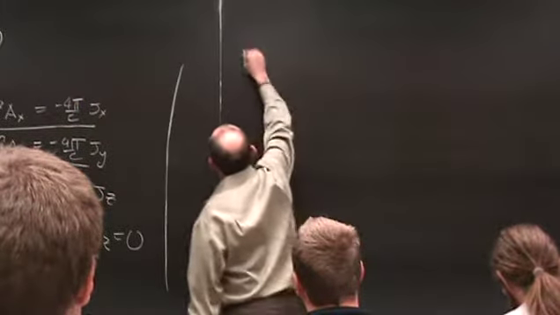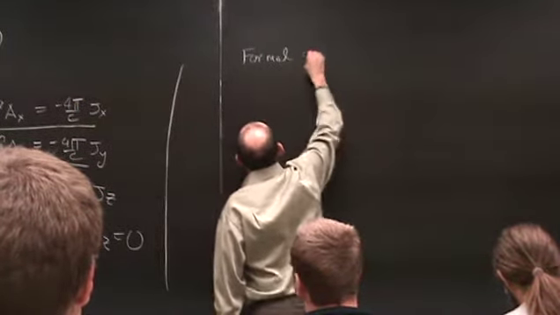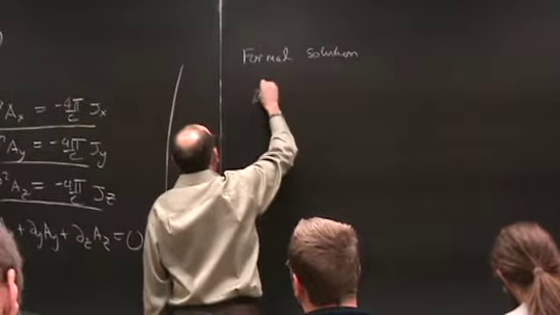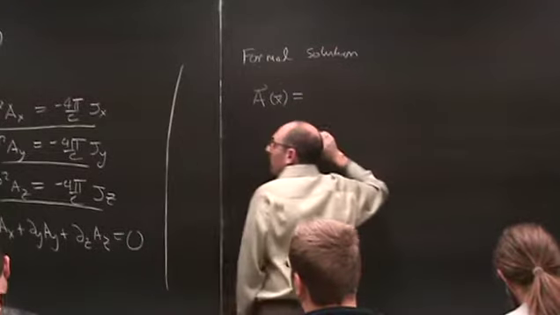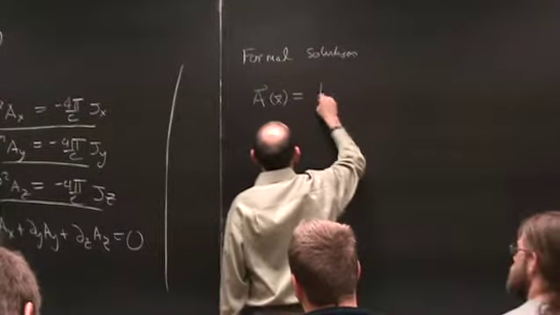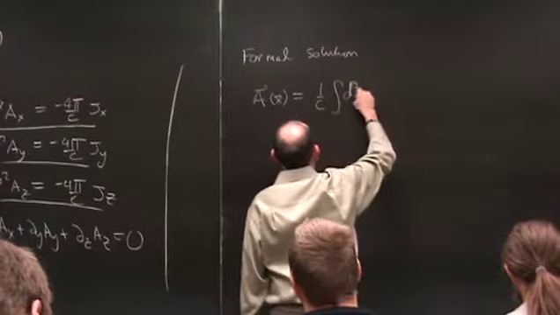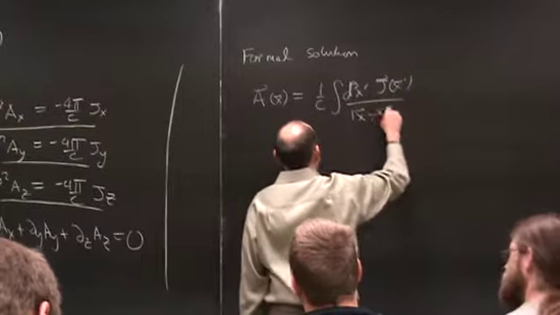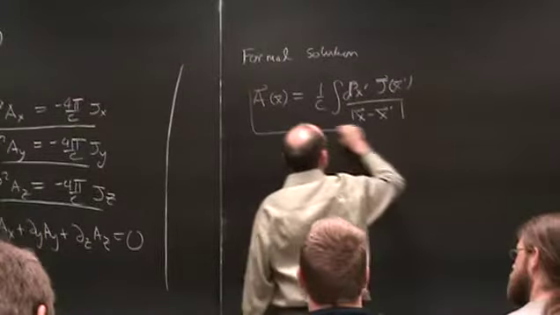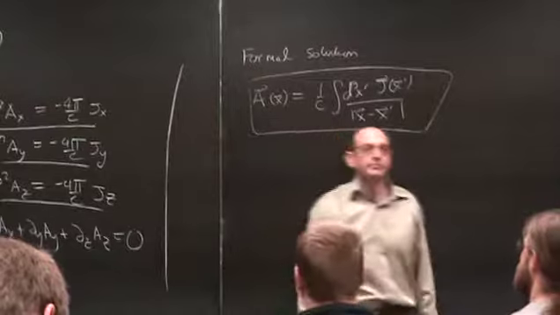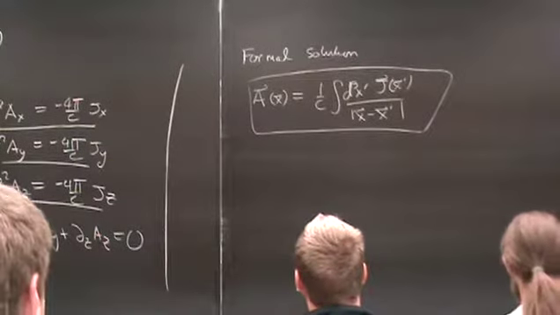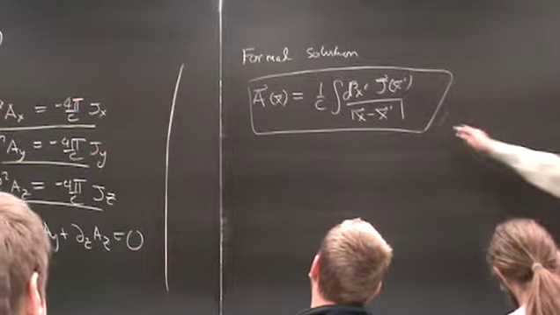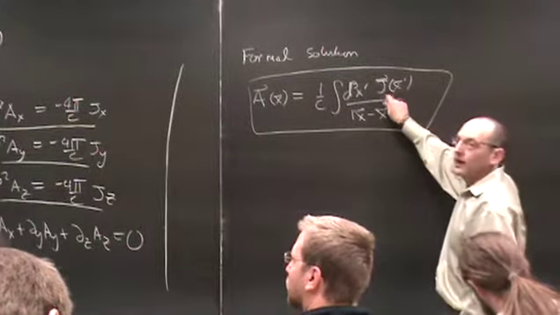So the formal solution is A as a function of x is equal to 1 over c, integral with respect to the sources times the Green's function times J. Again, J is a vector here, which makes this more complicated.